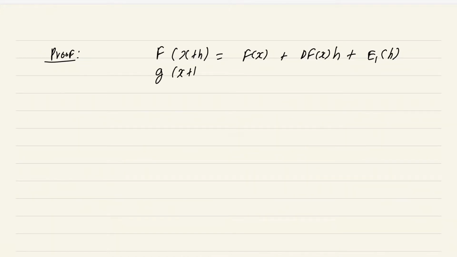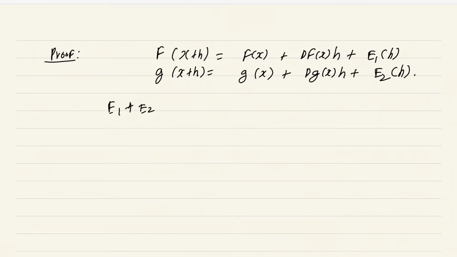So what is the meaning of f and g are differentiable? We just write down f of x plus h is going to be equal to f of x plus df_x h plus an error term which we call e1 of h, and in an analogous way, g of x plus h is g of x plus dg_x h plus e2 of h. Now e1 plus e2 is obviously sublinear.